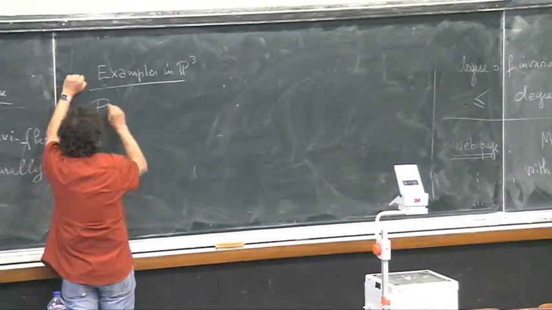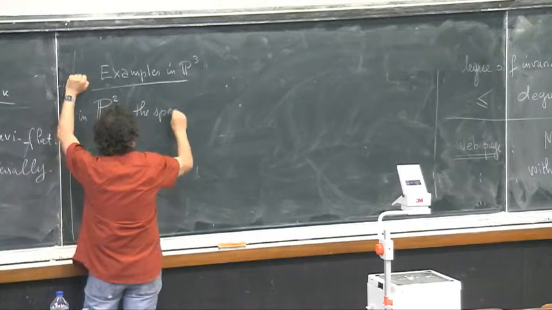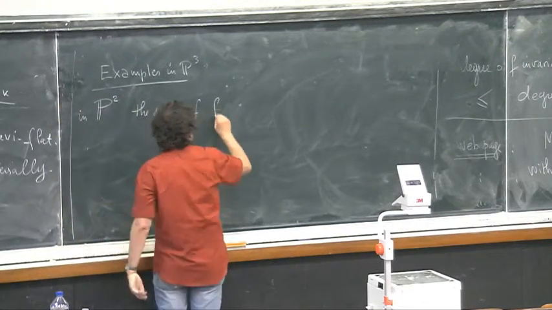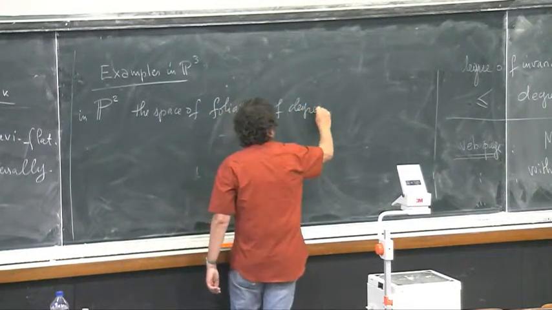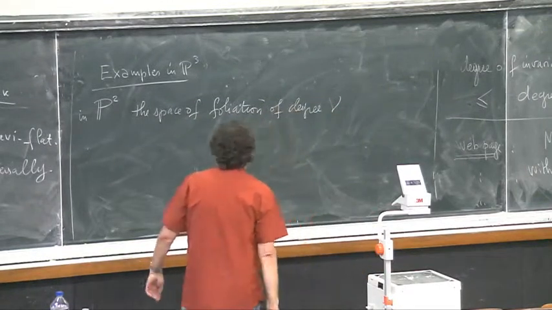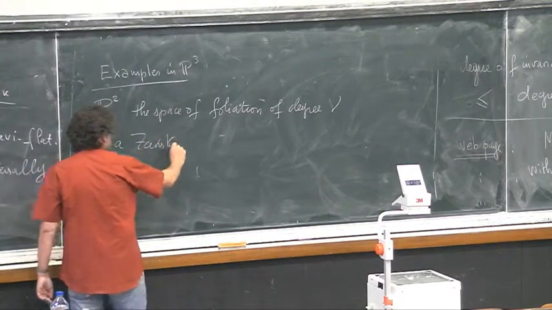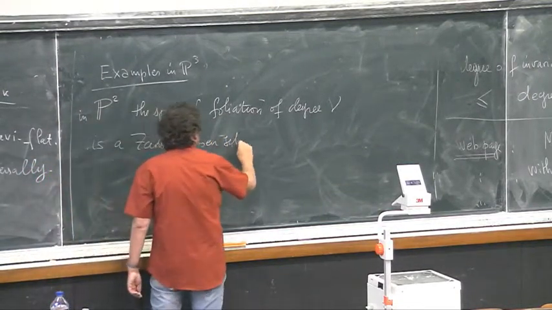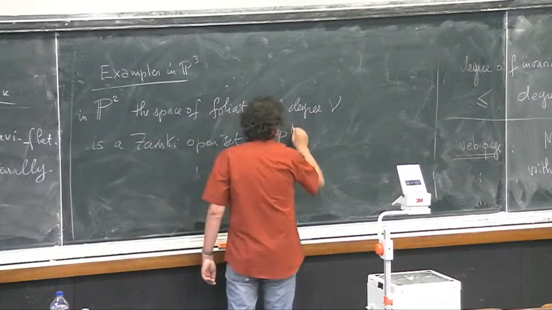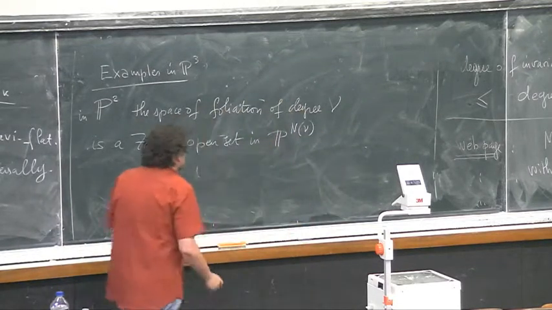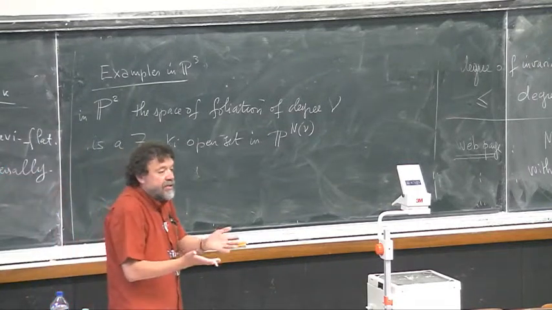In P2, the space of foliations of a certain fixed degree is a Zariski open set in a projective space which depends on the degree. The reason is that in dimension 2, there is no integrability condition.